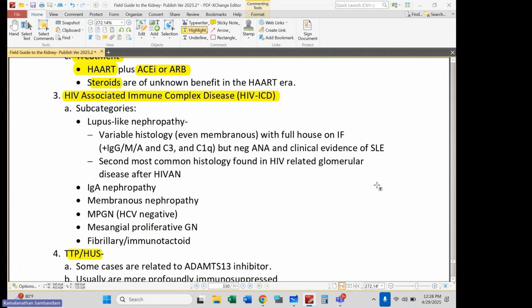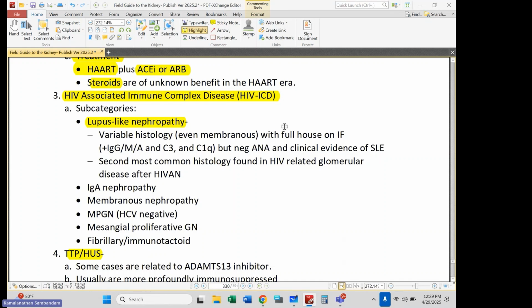Moving on to the other branch of glomerular disease that you can see with HIV is HIV-associated immune complex disease. And the most common form of this is a lupus-like nephropathy. What gives it this name, lupus-like nephropathy?